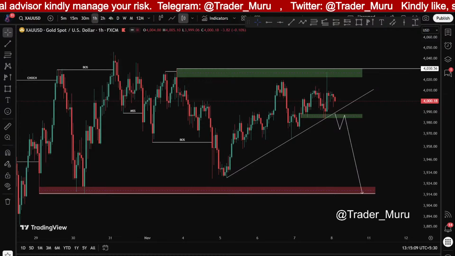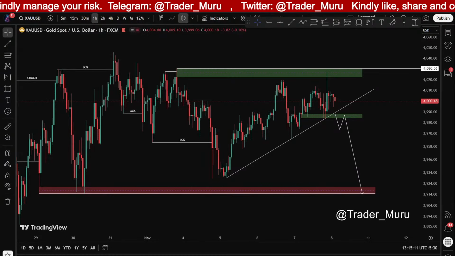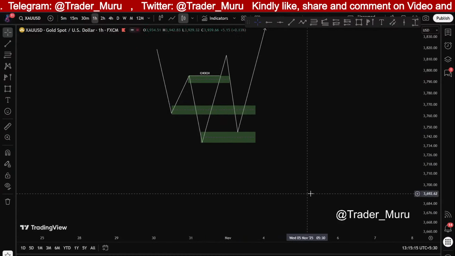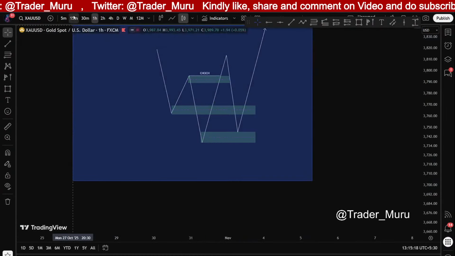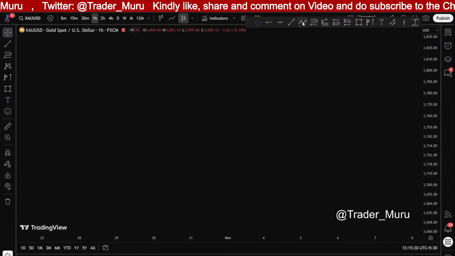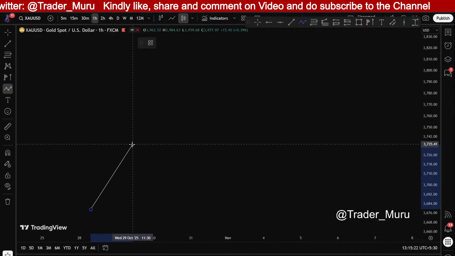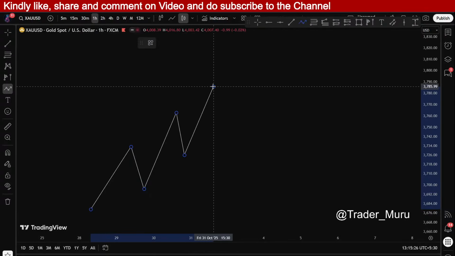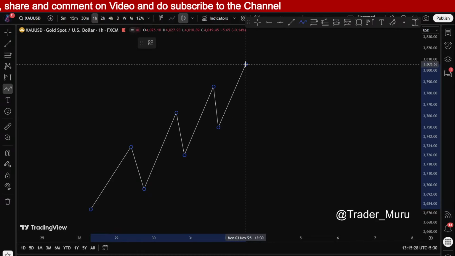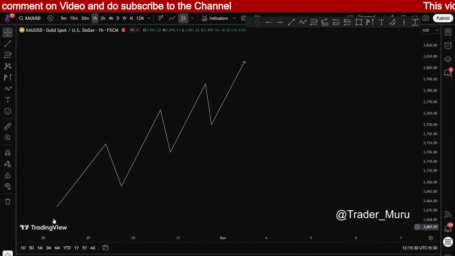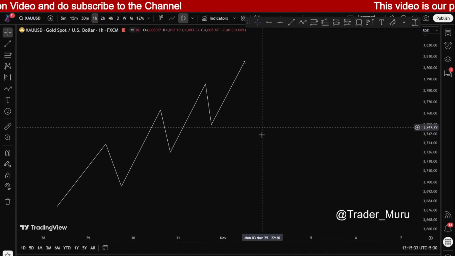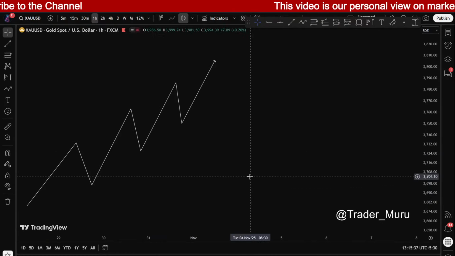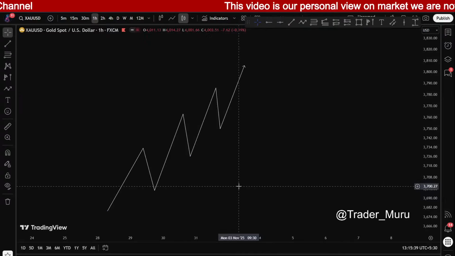What are inducements? Explain it, sir. Inducement is nothing, it is just a trap made for retailers. If the market is running in higher highs and higher lows like this one, it is very easy for everyone to trade here. So market makers don't take the market the easy way.